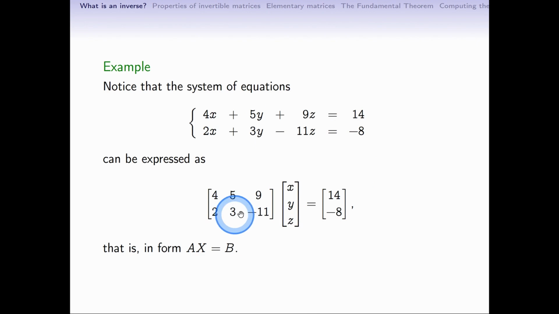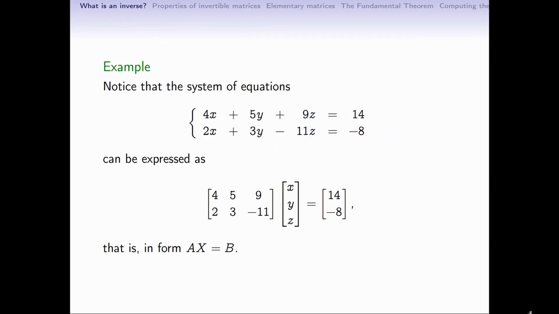When I take my second row and dot it with this column, I'm going to get 2x plus 3y minus 11z, and by matrix equality, that's going to have to equal -8. And that's precisely what this second equation says.